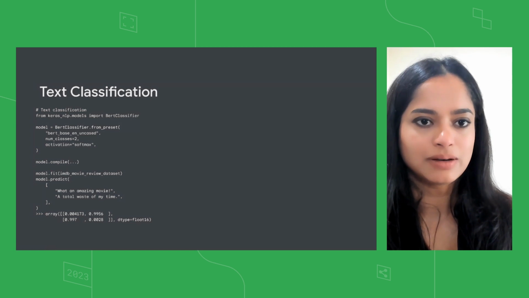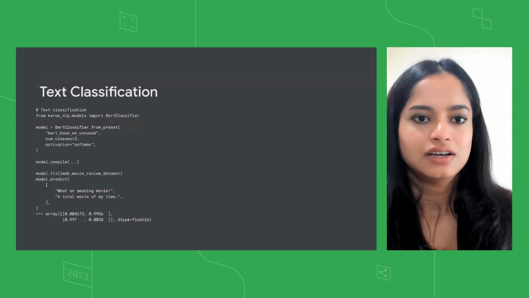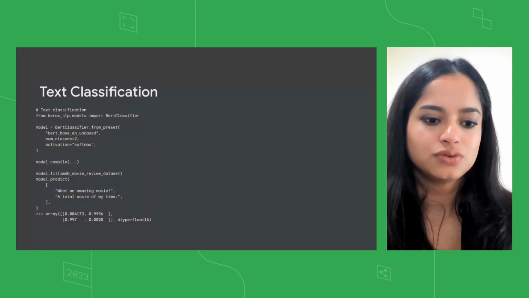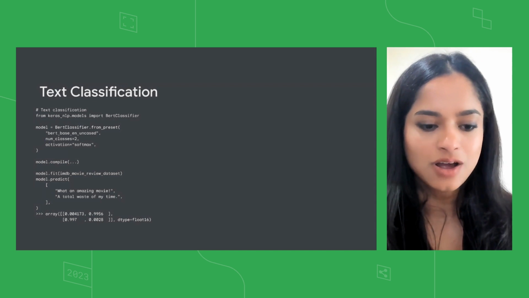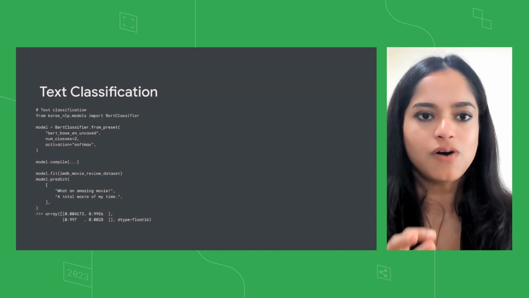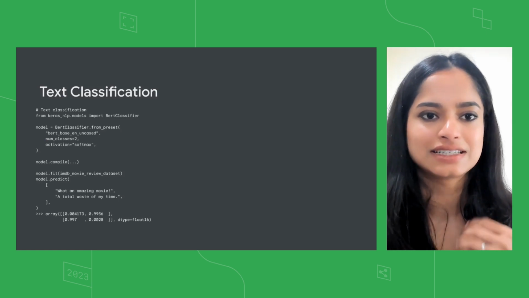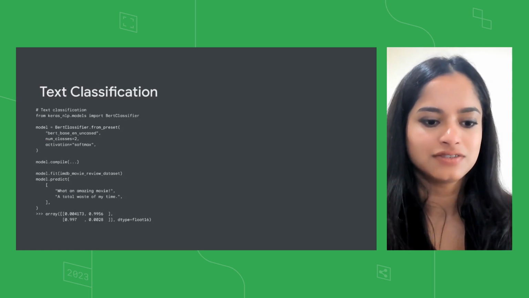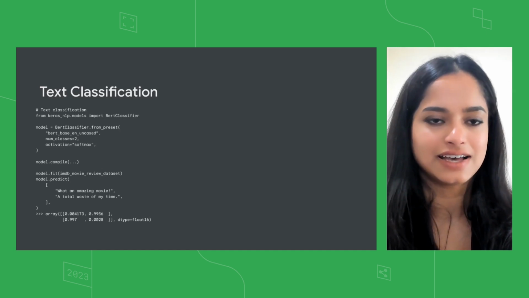Then we do model.compile and fit. Then we use model.predict to perform inference. So the input is basically two strings of movie reviews, and the output consists of scores for negative and positive review. And we can see that the first one, What an Amazing Movie, is classified as positive, and the second one is classified as negative.